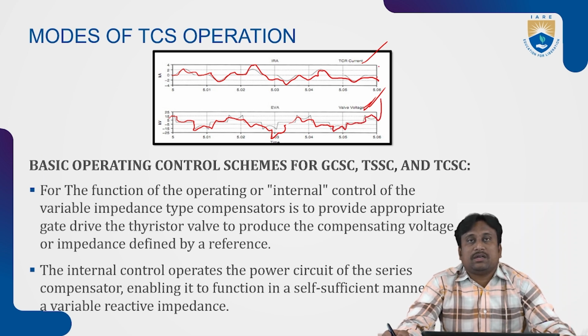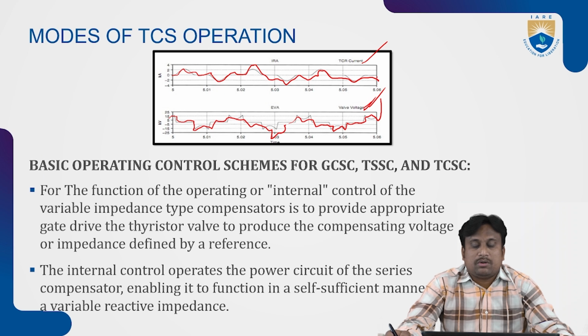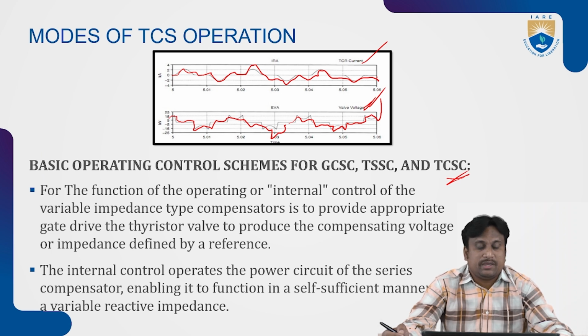So another basic operation about various schemes of GCSC, TSSC and TCSC is introduced here. For the functions of the operating or internal control of the variable impedance type compensator, it is ready to provide appropriate gate drive, then the thyristor valve is ready to produce compensating voltage or impedance which are defined by the reference case.